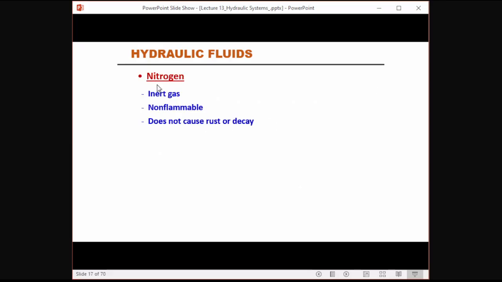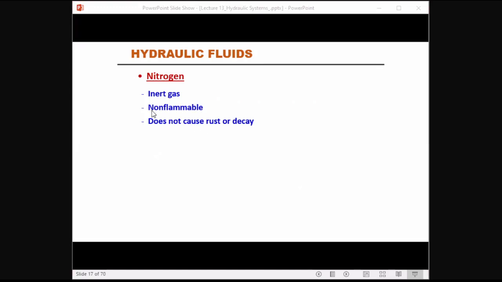Then another pneumatic gas is nitrogen. This nitrogen is used as the fluid medium. Nitrogen is an inert gas, which means it doesn't react chemically with other materials, making it a good choice for environments where corrosion or chemical reactions must be avoided.